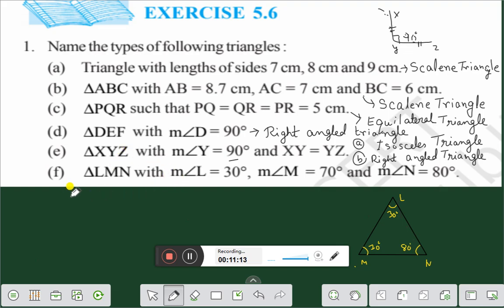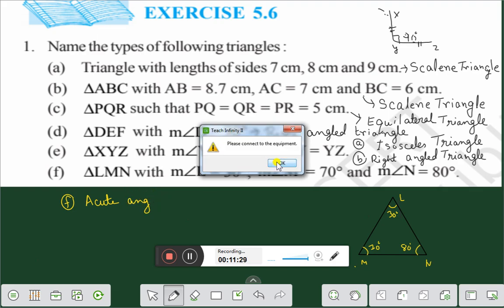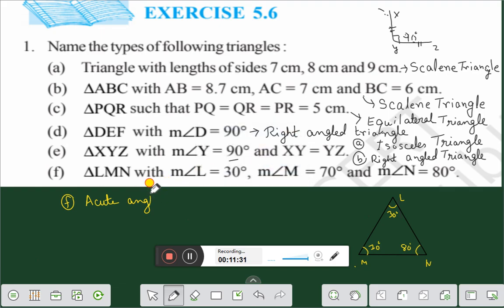Question number F. We can write it as acute angled triangle.